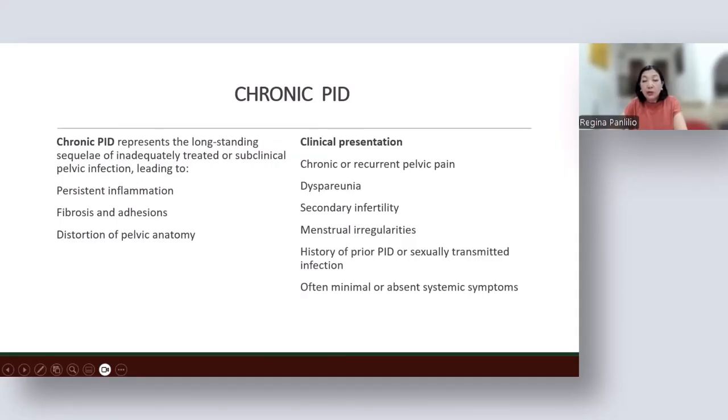With persistent infection, we have now chronic PID, which may lead to fibrosis and adhesions, and patients may just be asymptomatic or will present with chronic or vague recurrent pelvic pain, secondary infertility, or menstrual irregularities.